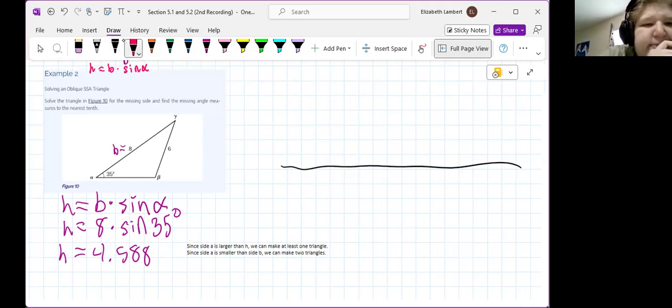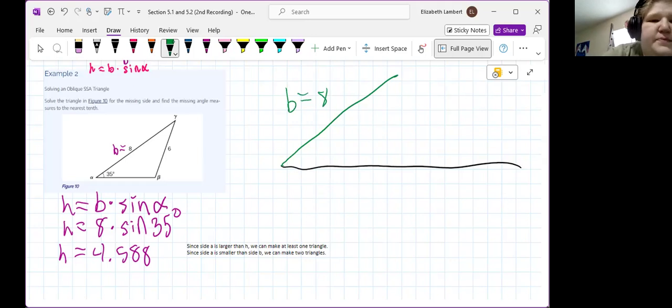And there's our B of 8. This is our alpha of 35 degrees.